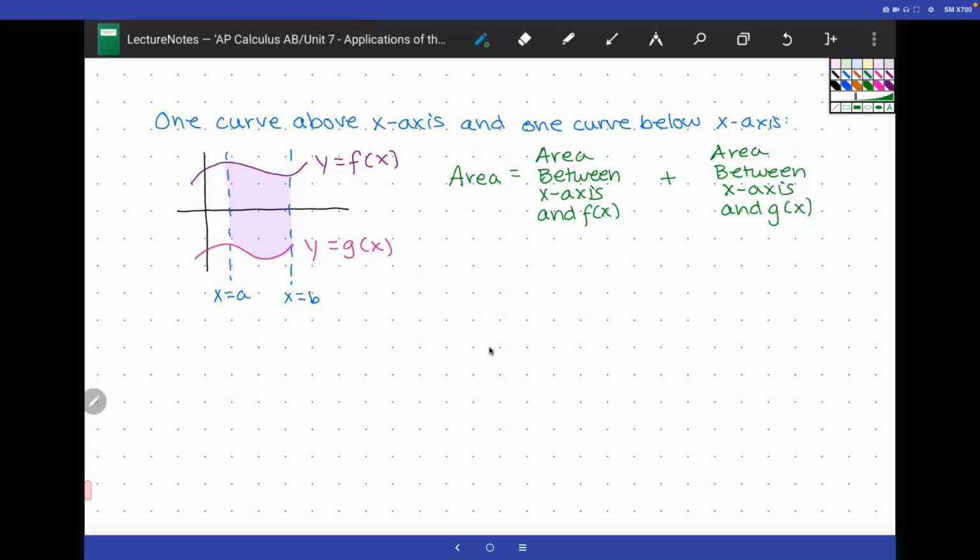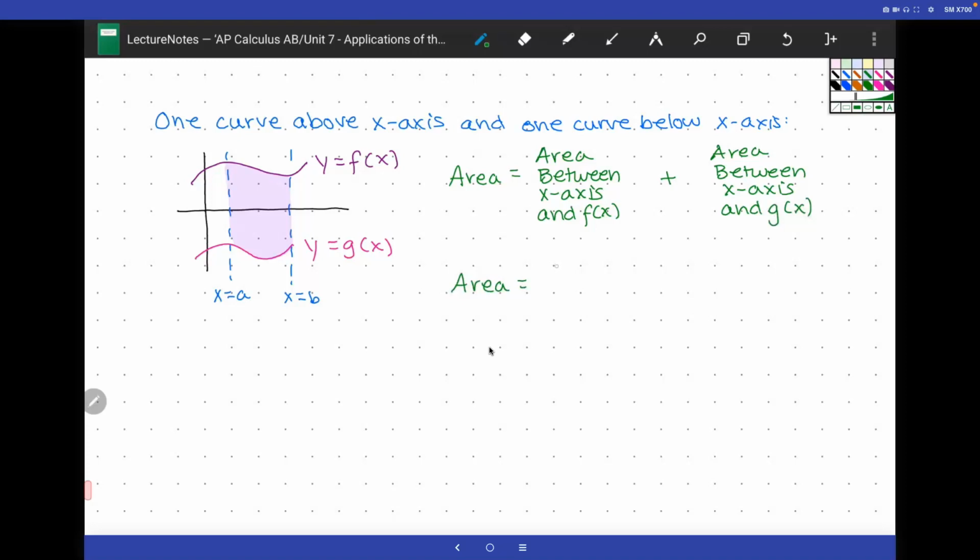So any questions about what I'm doing here? Now we're just going to translate this into math. How do I represent the area between the x-axis and f of x using an integral? Andrew?